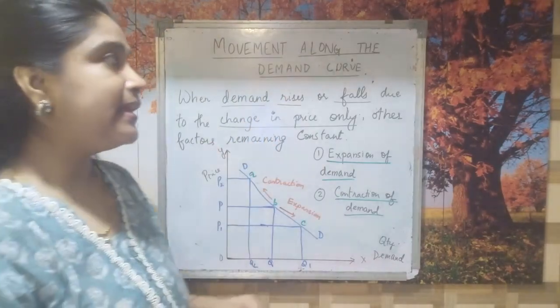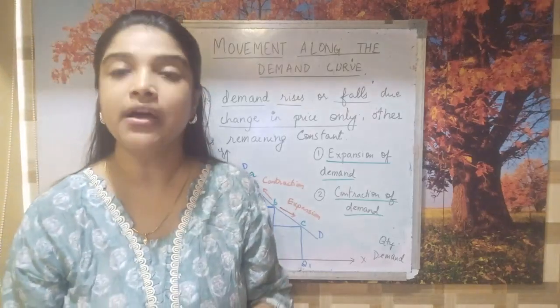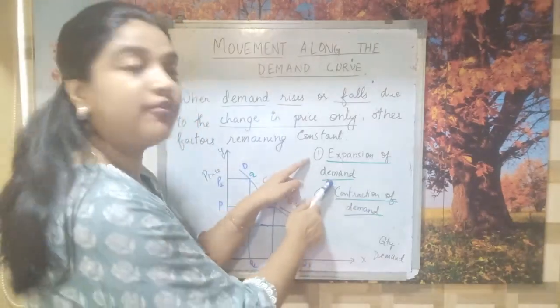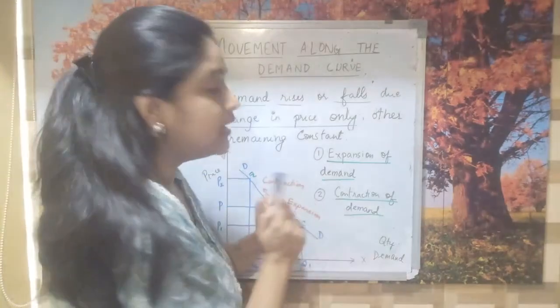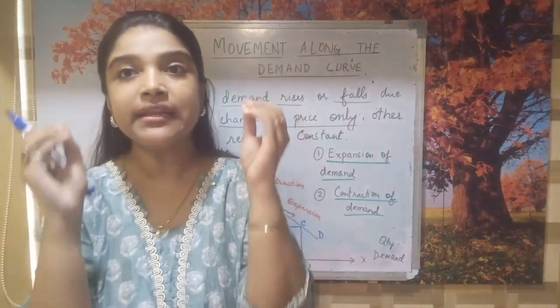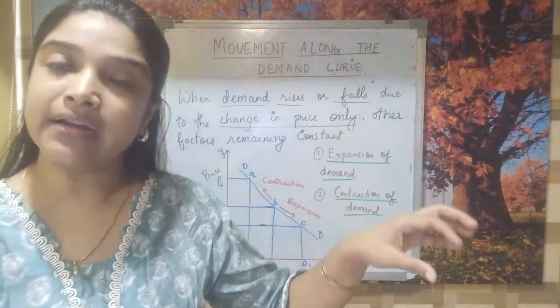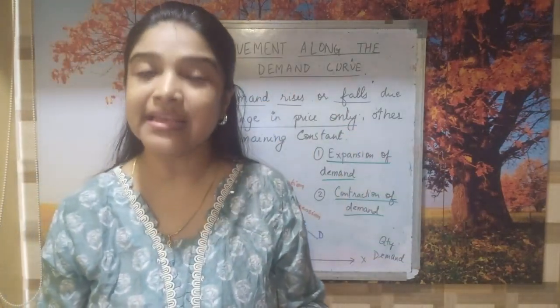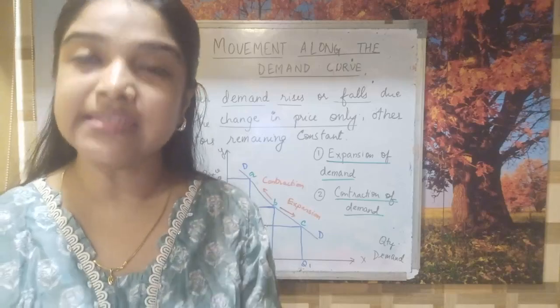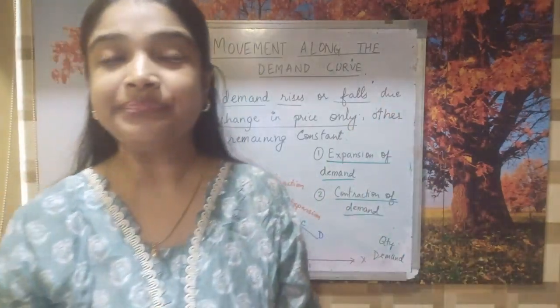Now we can see that there are two types of movement which happen along the demand curve. One is the expansion of demand and the second one is the contraction of demand. Now what is expansion of demand? From the name itself we can understand, expansion means the demand rises. Why will the demand rise?